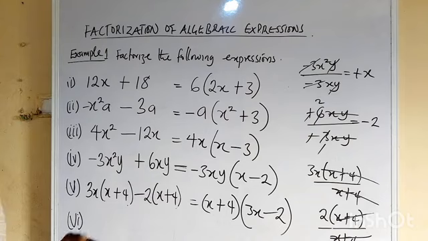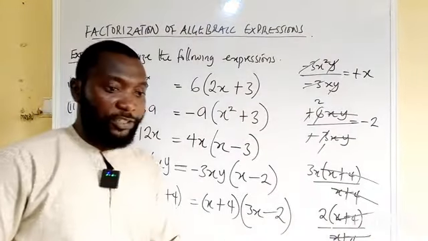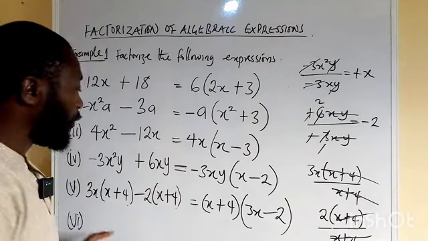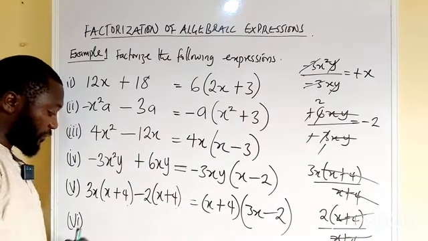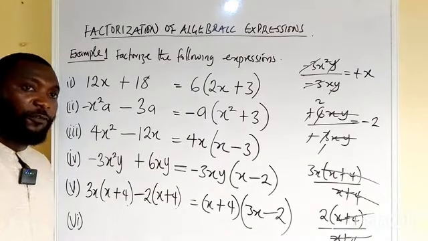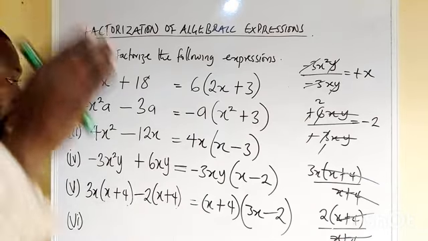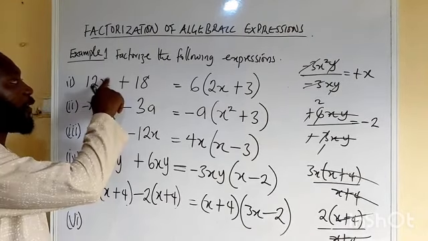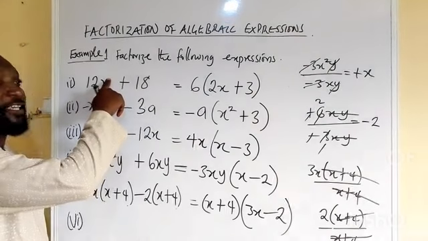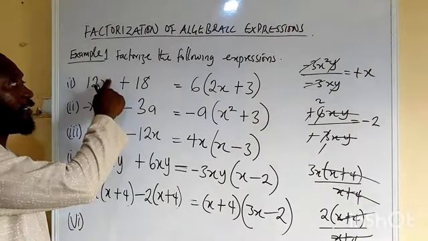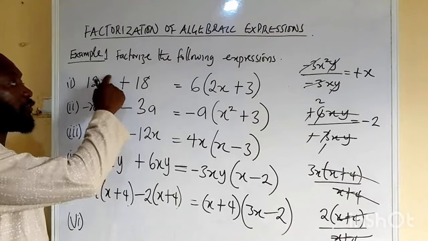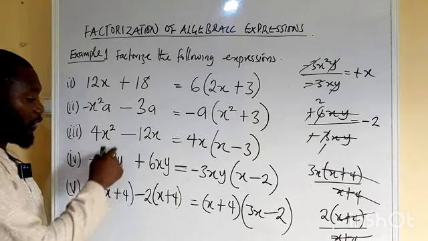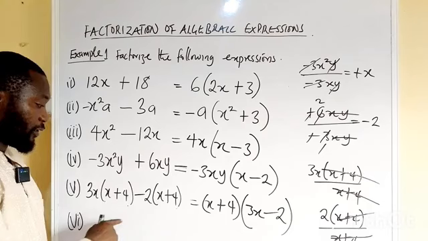You can only express a quadratic expression as the product of two expressions. But when you are given a polynomial of higher degree, it will be expressed as the product of three or more. When the highest power is 1, the degree is 1. Here the highest degree is 2, here is 2, here is 2. This one is also 2 when you open the bracket.